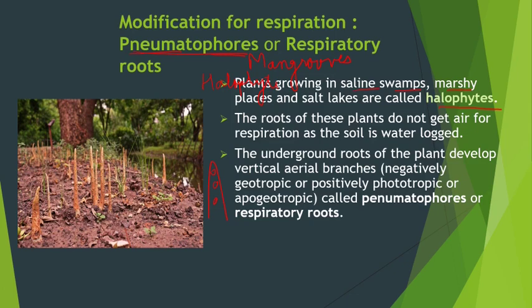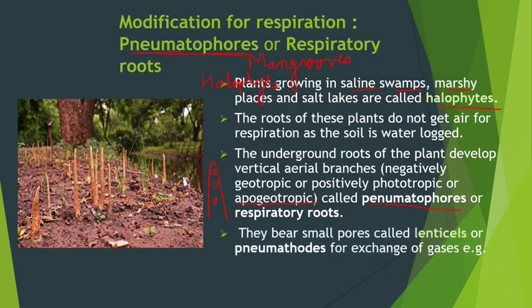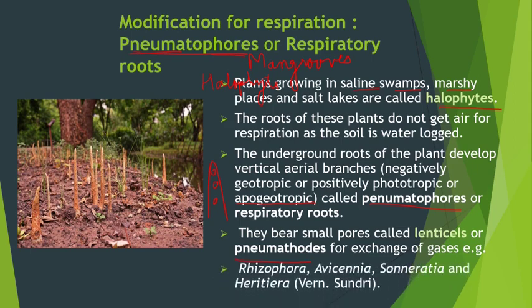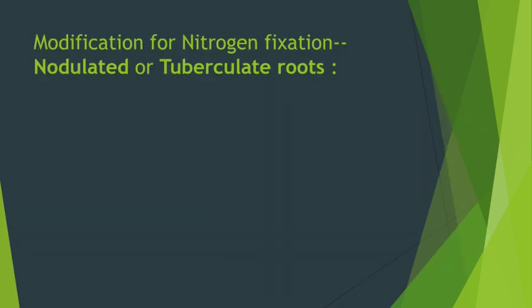They have such pneumatophores, and thus they are called respiratory roots. They are called apogeotropic, apo meaning opposite to geotropic. They start growing opposite. They have lenticels which carry out exchange of gases. So it is found in mangroves such as Rhizophora, Avicennia, Sonneratia, Heritiera, etc. Sundari plants, mangrove plants. Modification for respiration.